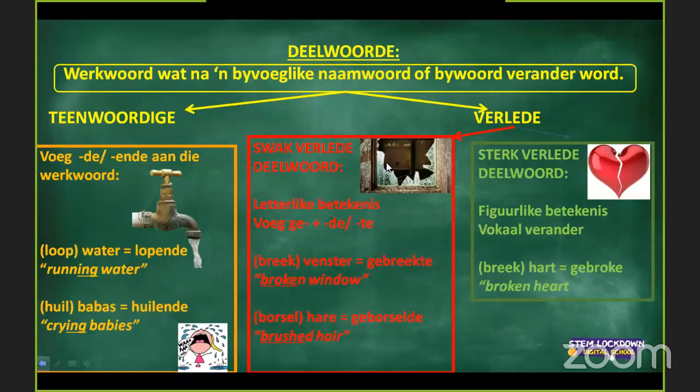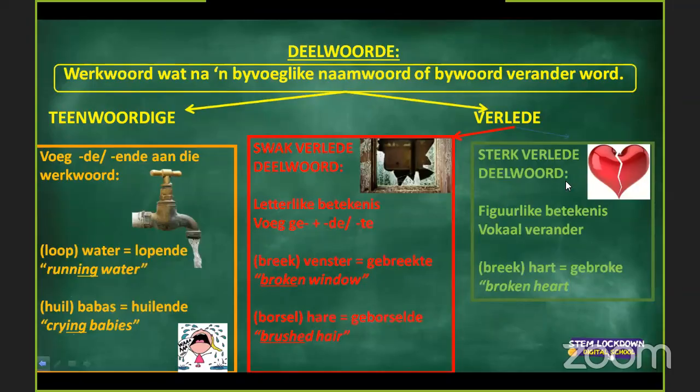Breekvenster, 'n gebreekte venster. Broken window, if I translate it, I can see it's in the past tense. And then borselhare, geborselde hare, brushed hair. Okay, so we can see these two words are in the past tense. Therefore, we have to add in the Afrikaans version of the word a ge plus a te or a de.